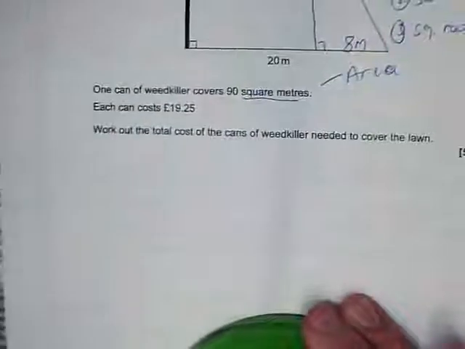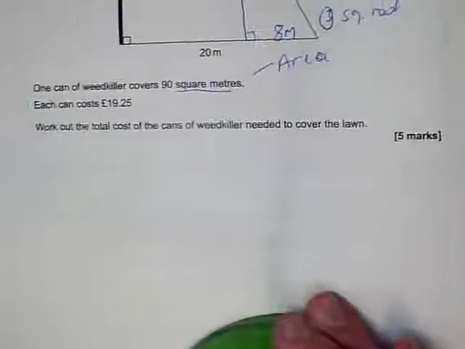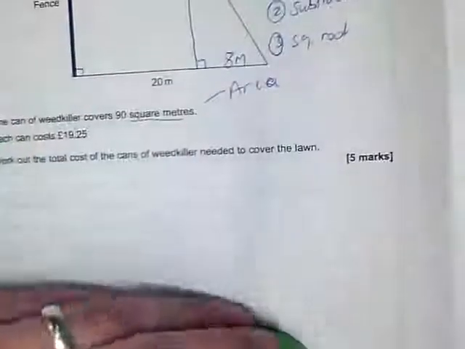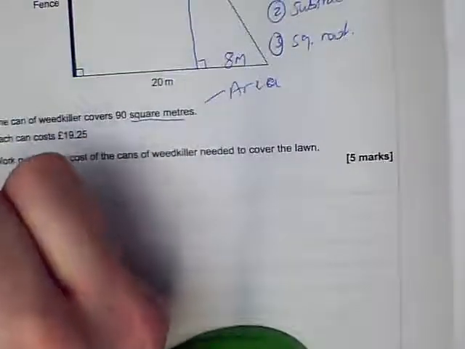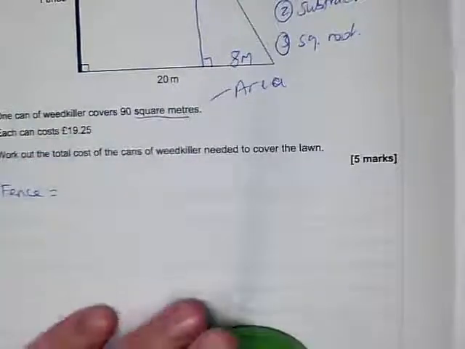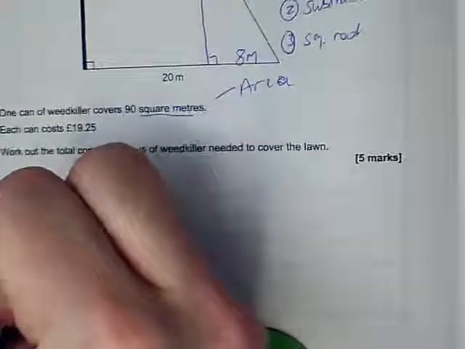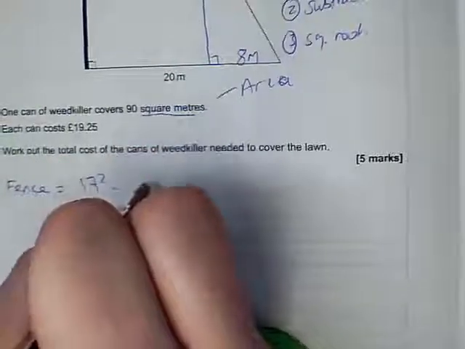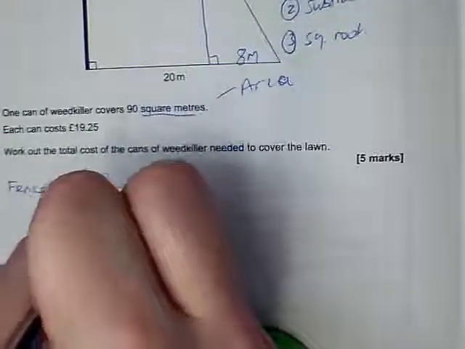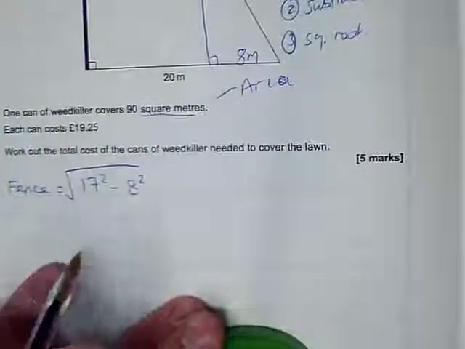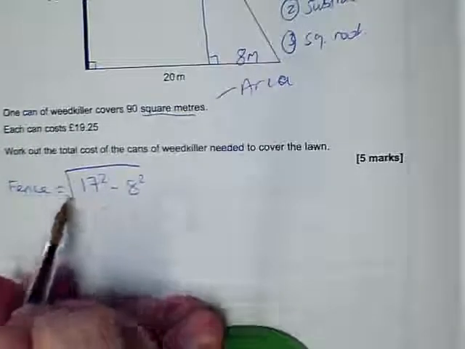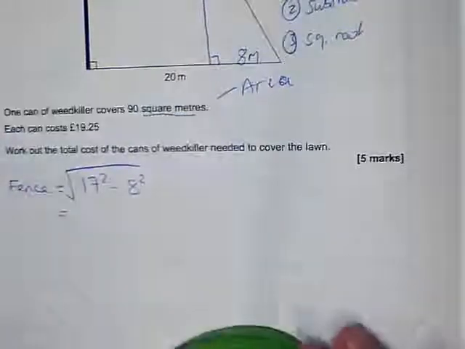I'm just going to explain to the examiner what I'm doing. So the length of the fence will be 17 squared minus 8 squared, and then take the square root. So I've squared the sides, I've subtracted them, and I've taken the square root. Do this straight into your calculator.